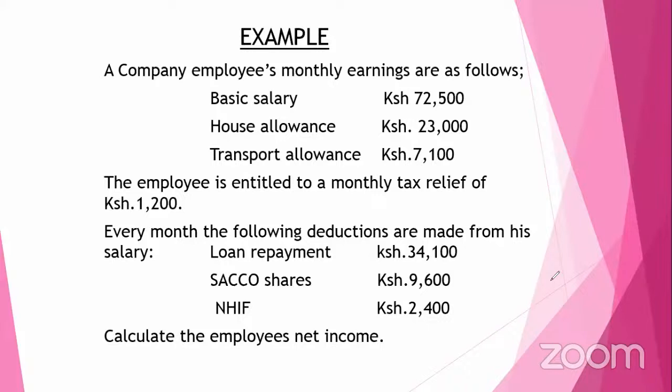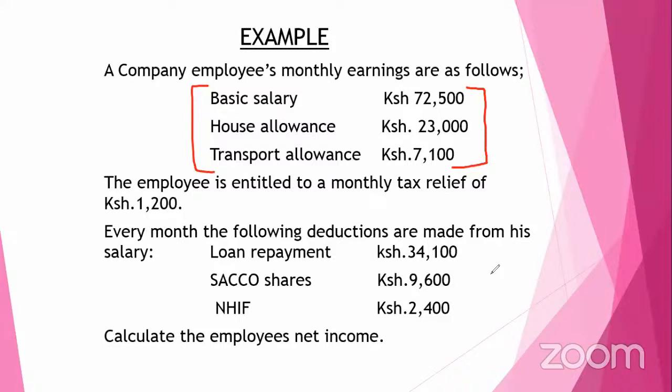So who can tell me what's the taxable income there? 102,600. What did you get to arrive at that? I added the basic salary plus the house allowance plus the transport allowance. Very good. That will give you the taxable income.